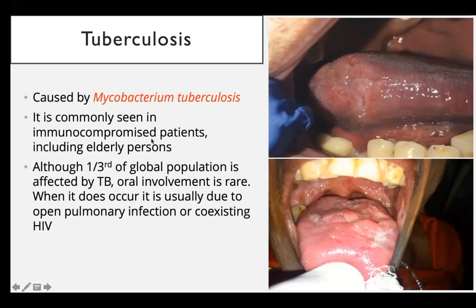So we have immunocompromised and elderly patients where tuberculosis can form some lesions in the oral cavity. Although one third of the global population is affected by tuberculosis, oral involvement is rare. But when it does occur, it is usually due to open pulmonary infection or coexisting HIV.